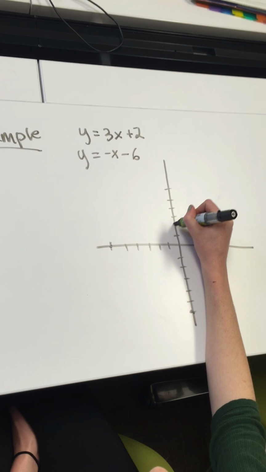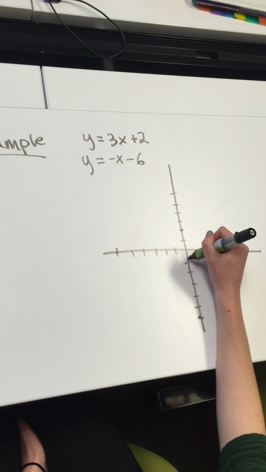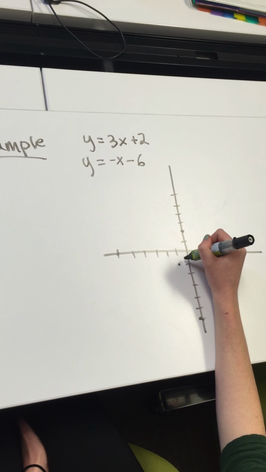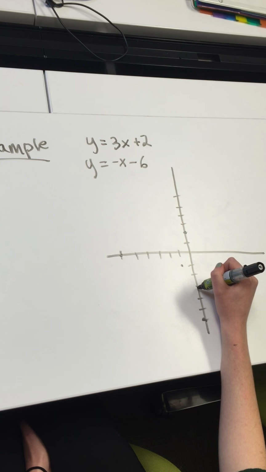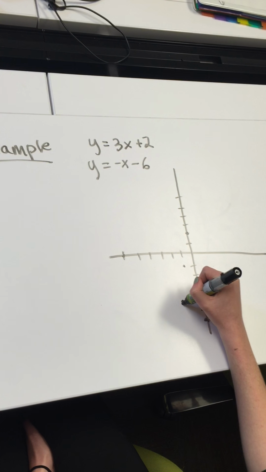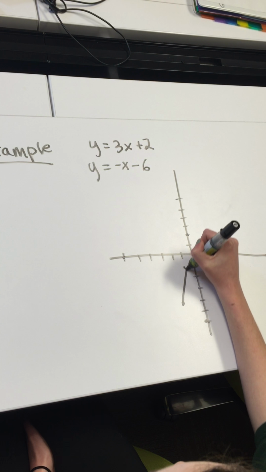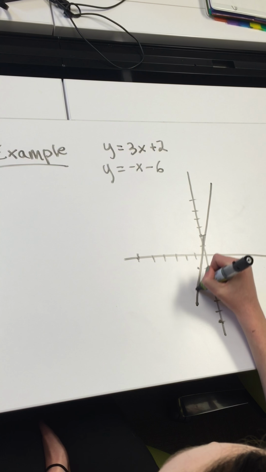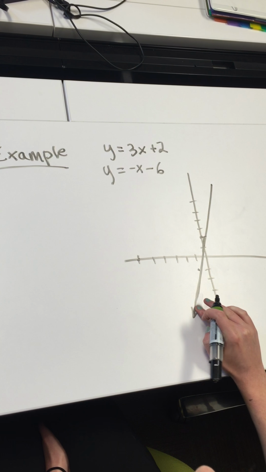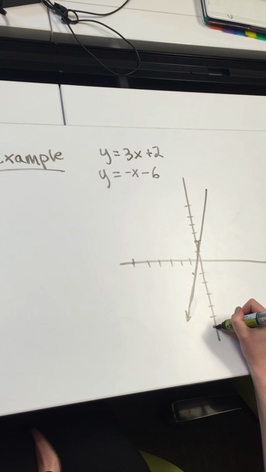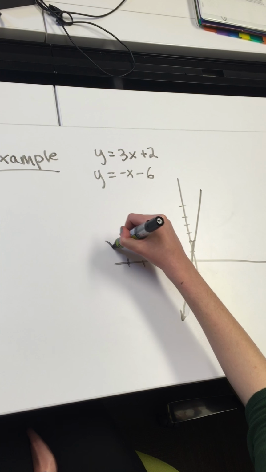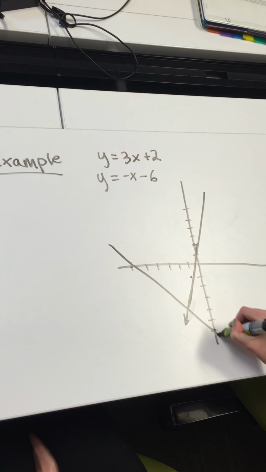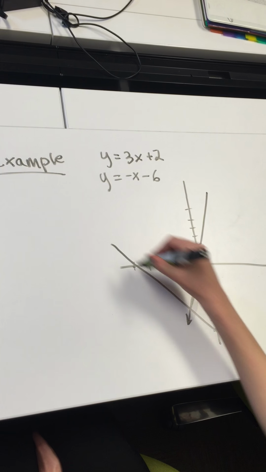So if we have 3x plus 2, it's going to give us a line pretty close to this. And if we have negative x minus 6, it's going to give us a line close to this.